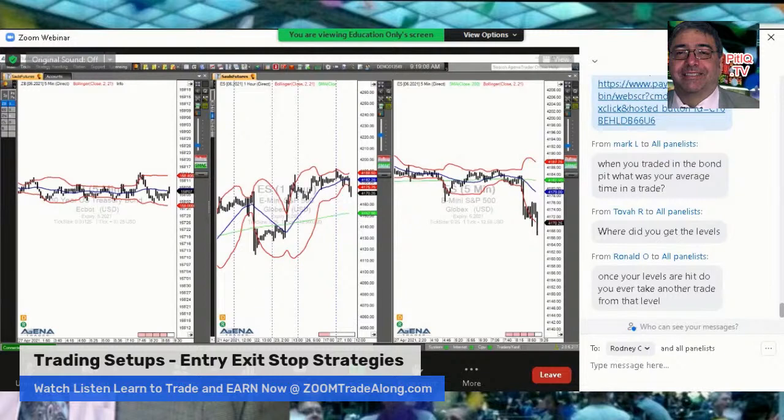Again, we talked about this: we are cognizant of the fact that if a level is in there and it gets hit the first time, that's stronger. The second time around is not as strong. Does it work the second time around? It possibly could. The question is how aggressive you are and how much risk you want to take, because the risk level is a lot higher the second time around, or even the third time around for sure, against the level.